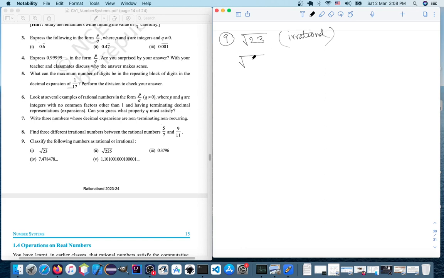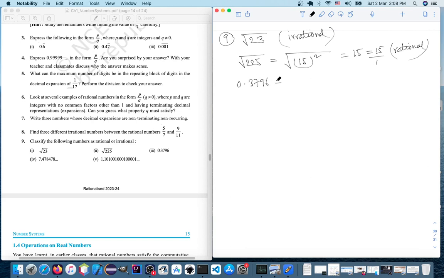Root over 225 is definitely 15 squared. So this is 15, this is 15 by 1. So this is rational. Okay. Now 0.3.